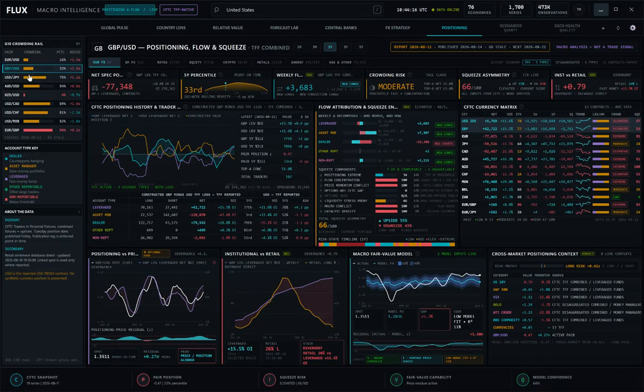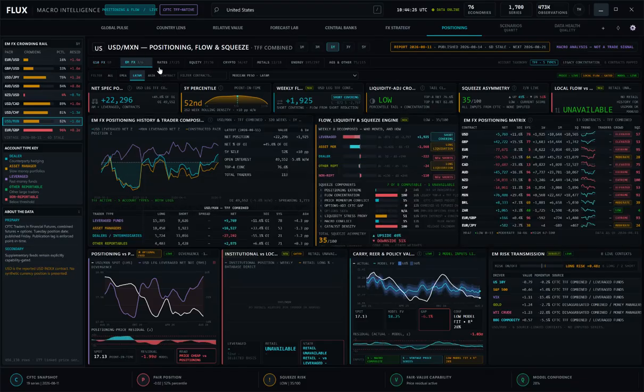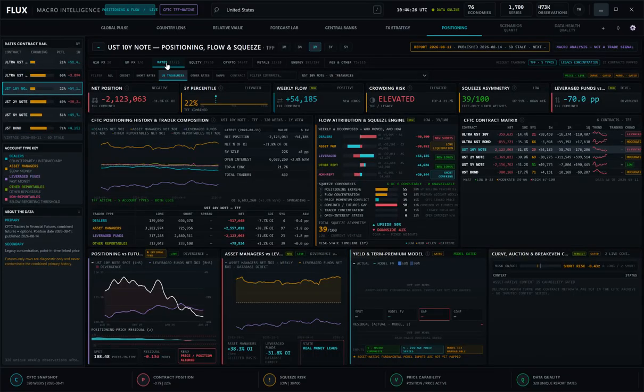This is for the G10 countries, and then you can select E-mini Forex pairs. Or you can do the rate analysis, US bonds, which are really important to look at.